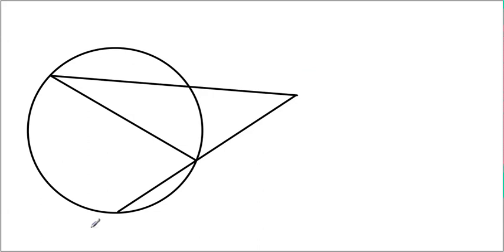All right, next question. In this case, my focus is not on chords, but rather on secants. But in order for us to figure this relationship out, I'm going to give you one question first.